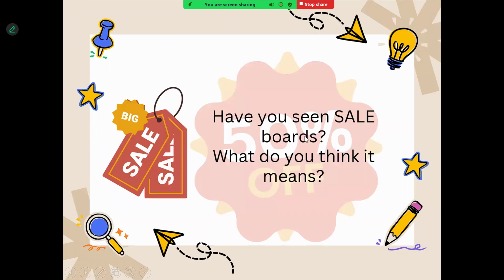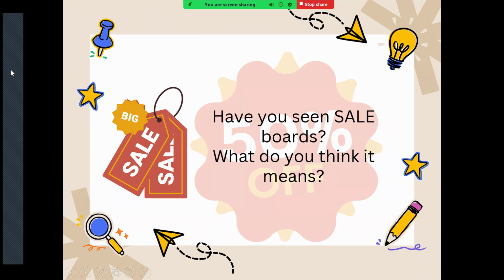So have you ever seen a sailboat? Okay, this is winter season and you often see such a sailboat. What do you think this sailboat means to you?